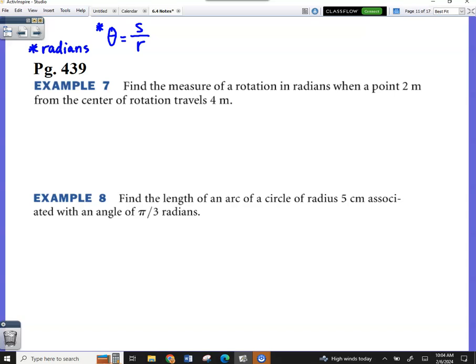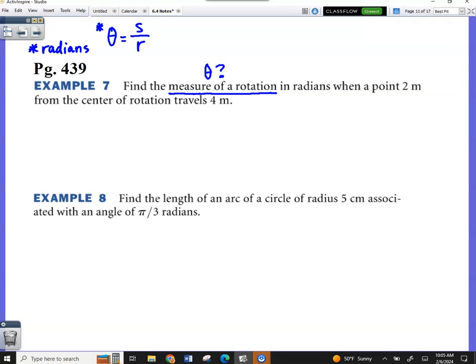So read number 7. Find the measure of a rotation. Bam, right there is telling me I don't know this. Now, what variable represents the rotation? Theta, so I'm going to put theta question mark. This lets me know that I don't know theta. That's the goal, in radians.